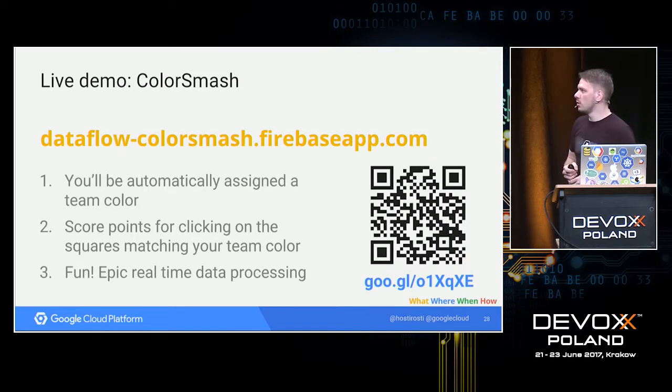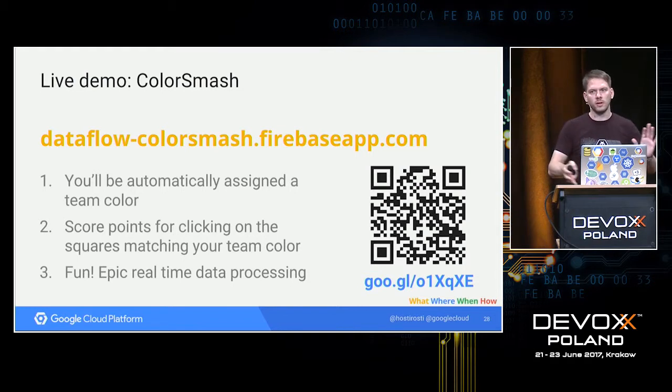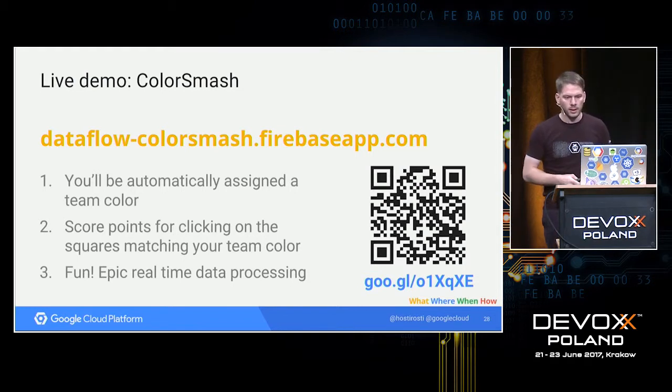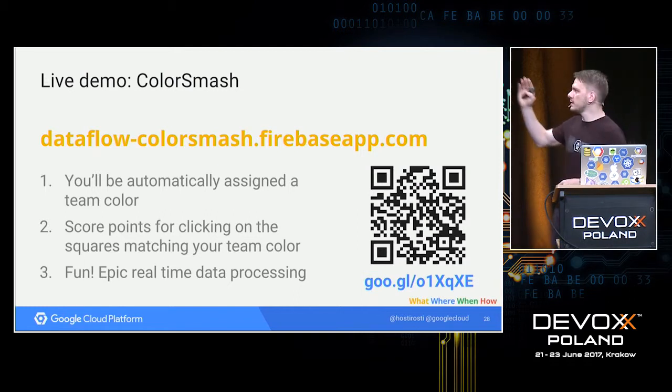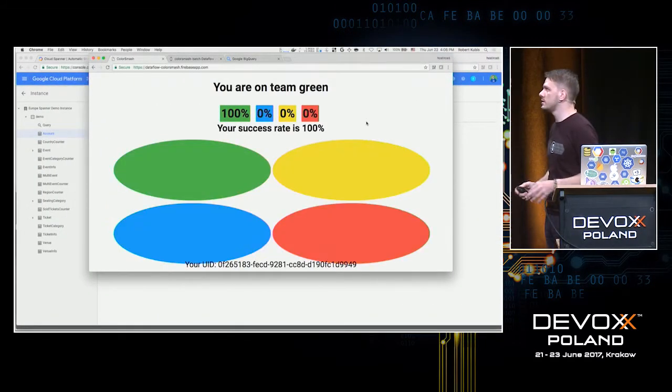So now what I want to show, and if you want to participate, I have a little game where I write a pipeline, and I'm going to show you the pipeline with some coding later throughout my talk. I'll get back to this QR code in a second. It's a very simplistic game.